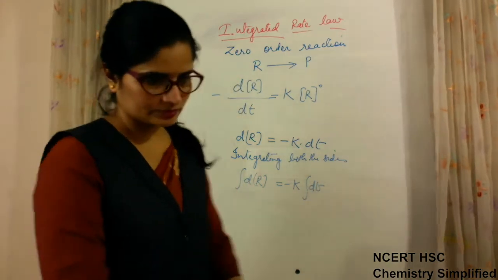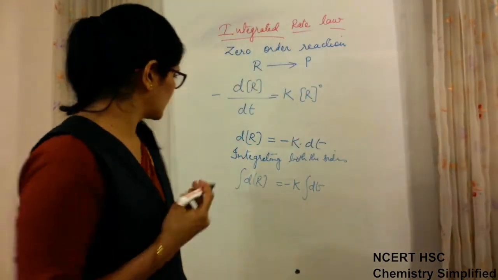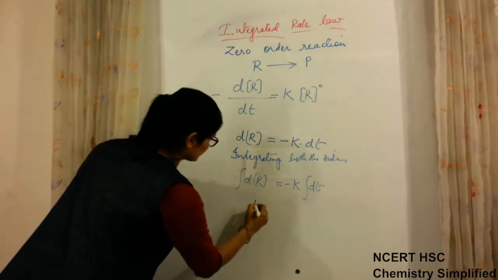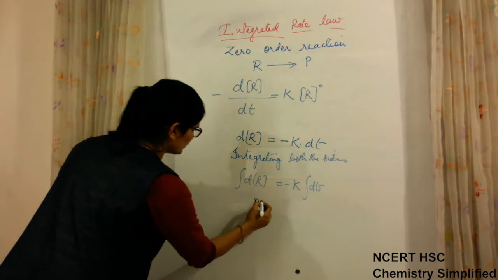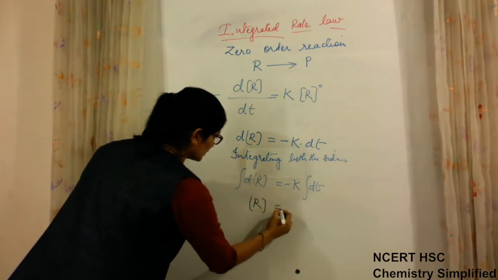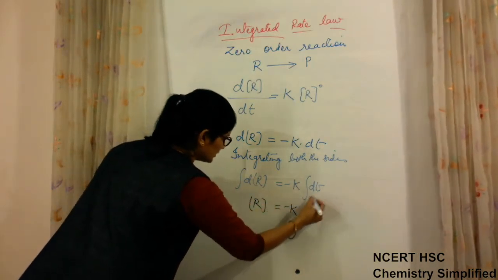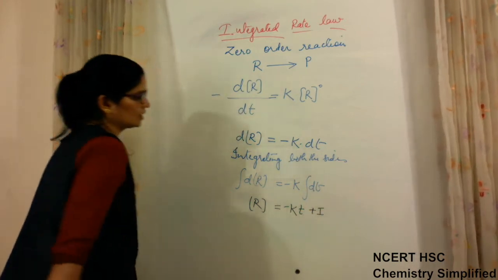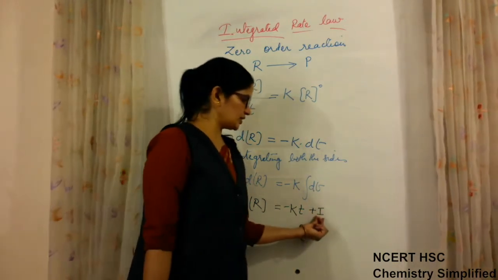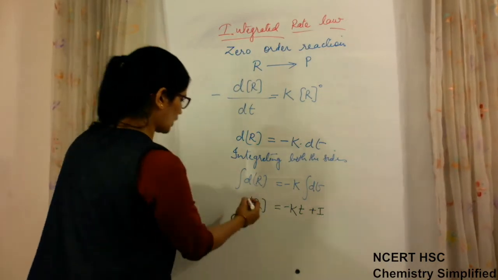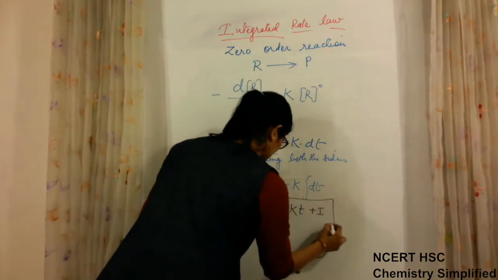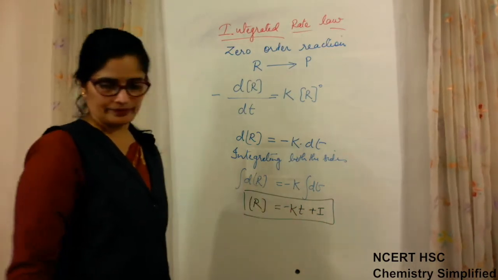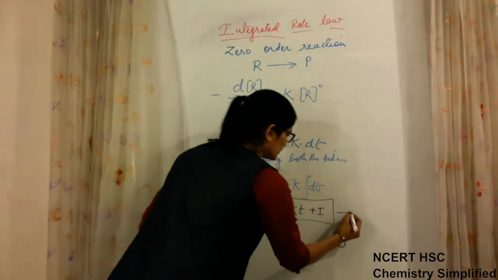So it will become: the integration of dR is R, minus K dt is minus K t, plus I, where I is a constant of integration. So now the equation becomes like this. R is equal to minus kt plus I. Equation number 1.